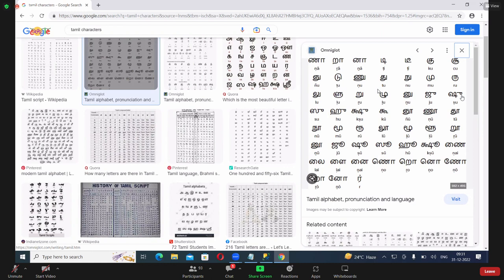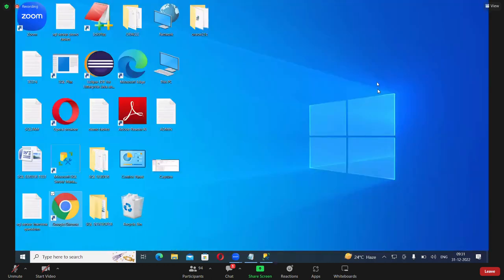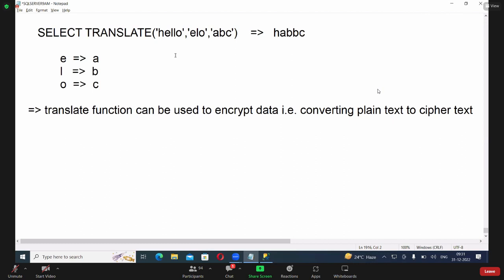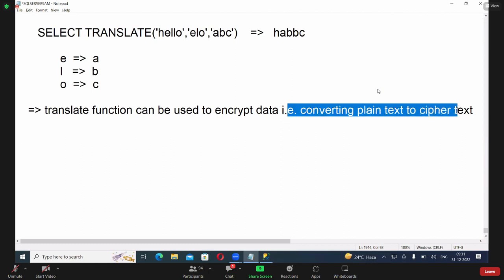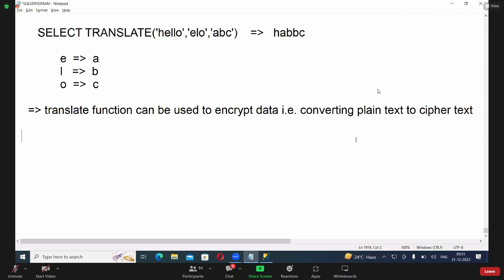This is Tamil, and I don't understand it, so this is cipher to me. So translate is converting plain text to cipher. The text that you can't understand is called ciphertext.